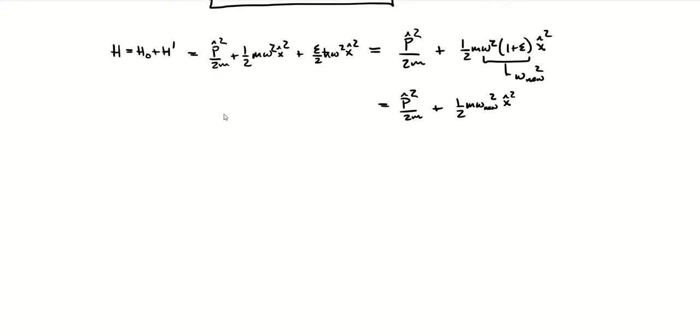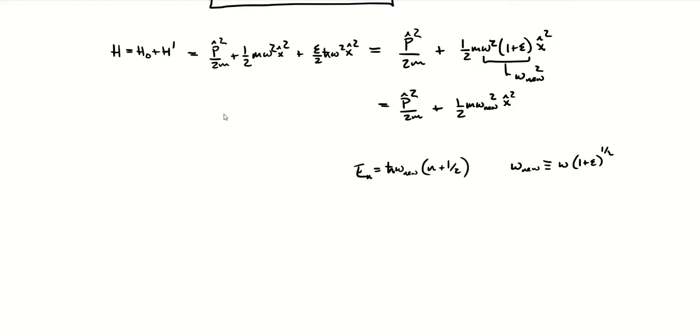And we know the energy eigenvalues for that Hamiltonian are just going to be h bar omega nu times n plus 1/2, with omega nu defined as omega times 1 plus epsilon to the 1/2. Take the square root of that. So that's well and good.